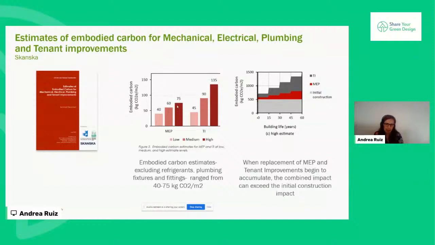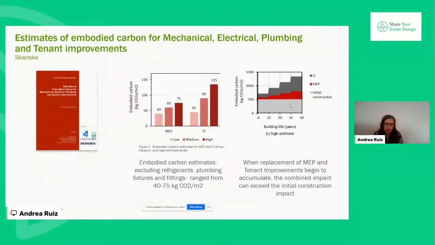Hence, this is just, let's say, our basic, maybe for now, to have an idea of how they could be. Now, one more thing that is highlighted in this report is that even though there is a specific value at the beginning of the building with all those services we're bringing, in reality, because they need to be replaced, we will have to increase the amount of embodied carbon throughout the operation of the building. So that's what this image on the right wants to highlight.